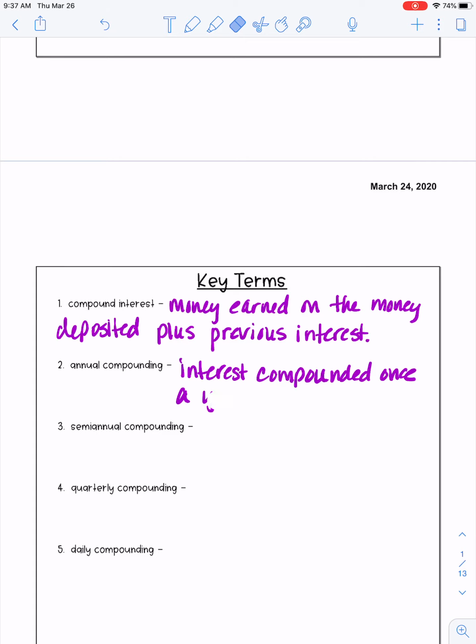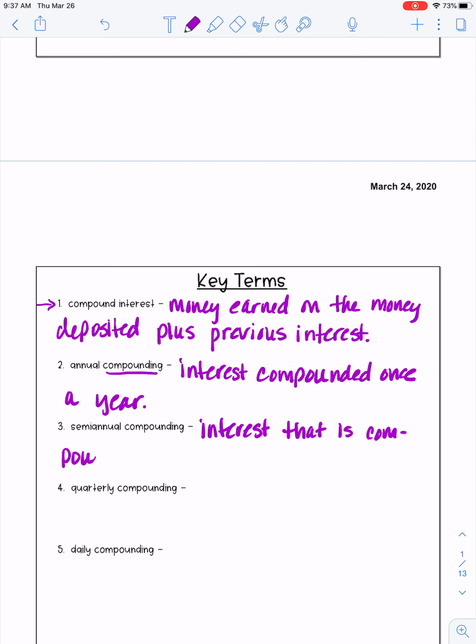We already talked about what compounding means. Semi-annual compounding is interest compounded twice per year, or you could say every 6 months. It's the same thing.